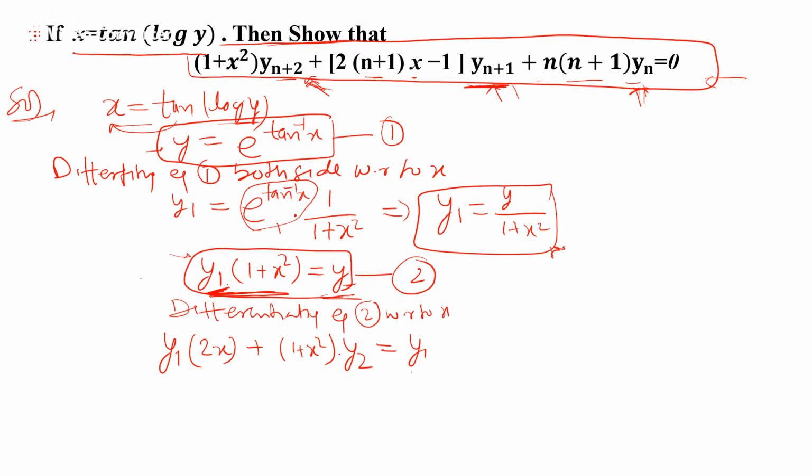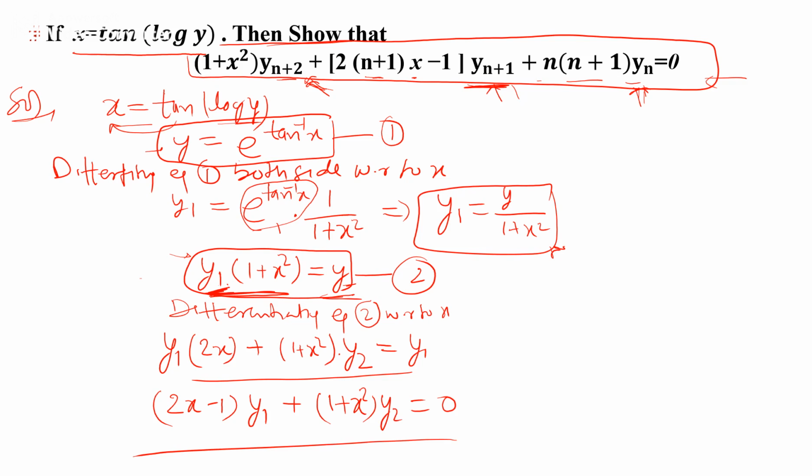Now simplifying, we can write (2x minus 1) y1 plus (1 plus x square) y2 equals 0.